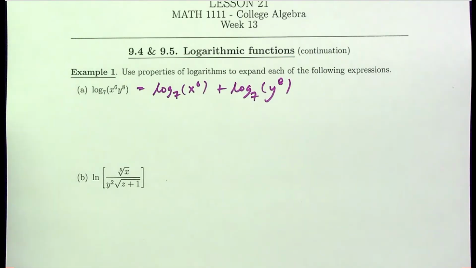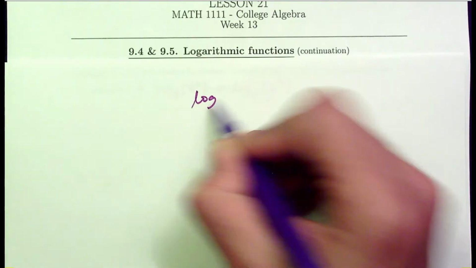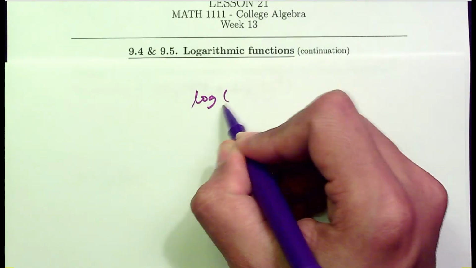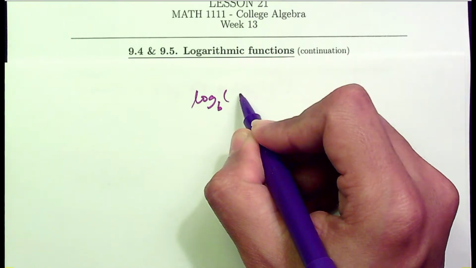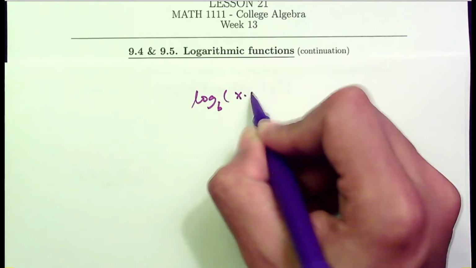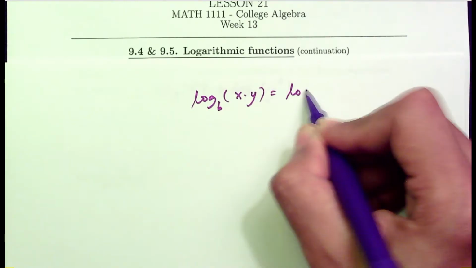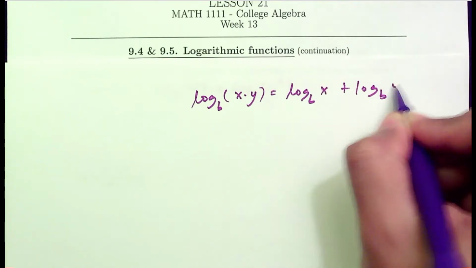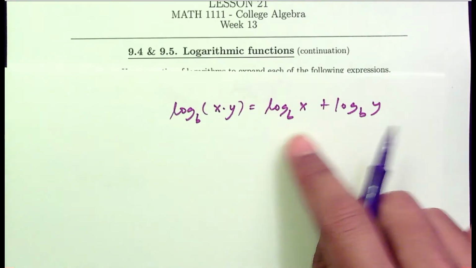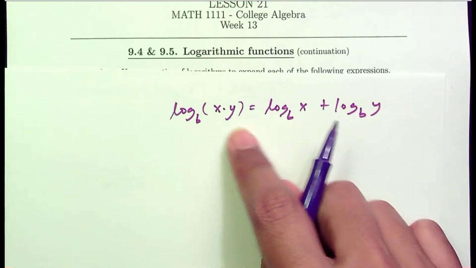Remember the property is that if you have the logarithm base b of two things being multiplied, say x times y, then you can expand that as a sum of two logarithms. And that works not only for two things.